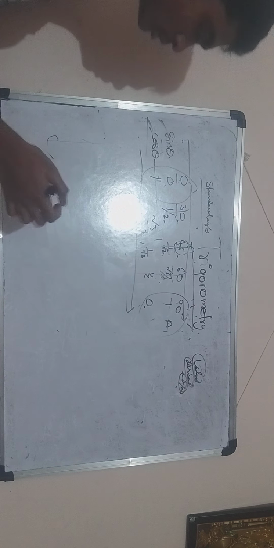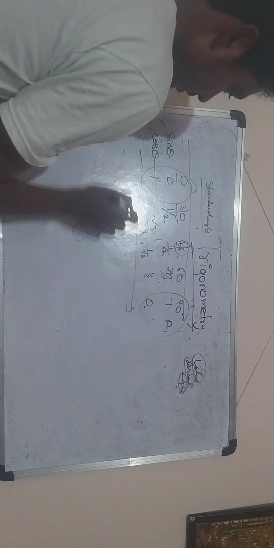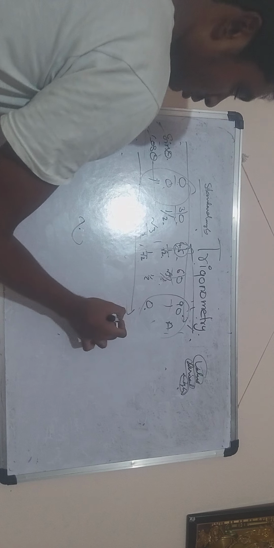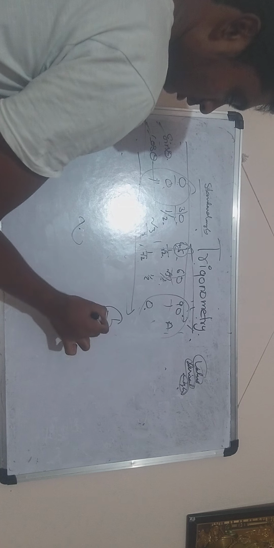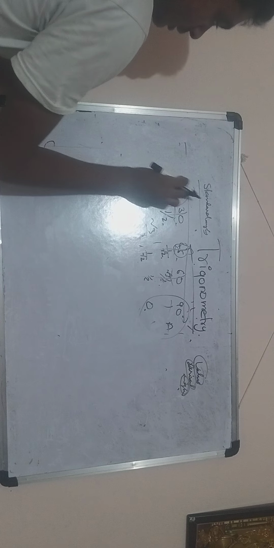Whereas in tangent you get infinity. Tan 90 is infinity because sine by cos is 1 by 0. Anything by 0 is infinity, undefined.